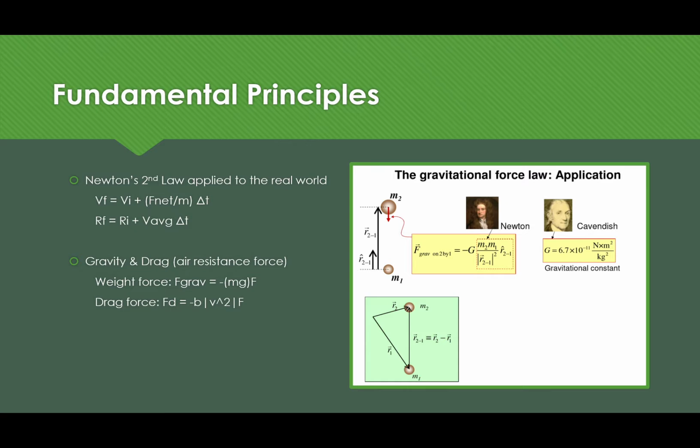In the picture on the right, you can see the gravitational force law application showing the force of gravity on the second object by the first, and further right, you can see the gravitational constant, 6.7 times 10 to the negative 11, which is factored into that force law equation.